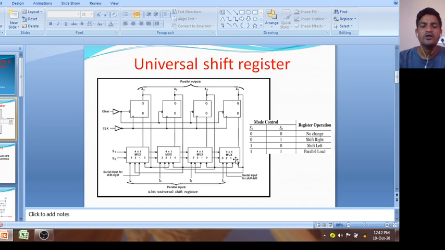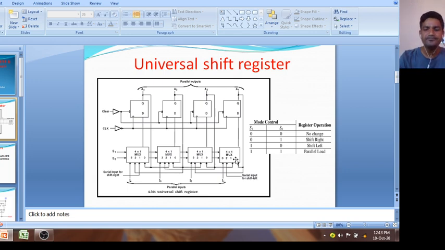If there are two select lines, inputs will be 4. If there are three select lines, inputs of multiplexer will be 8. But there will be only one output, and depending upon the value of select lines, any one input is connected to output. That's why it is also called data selector.